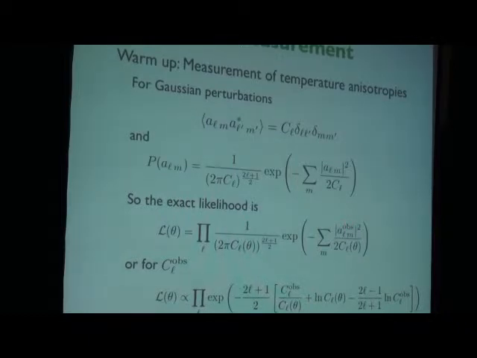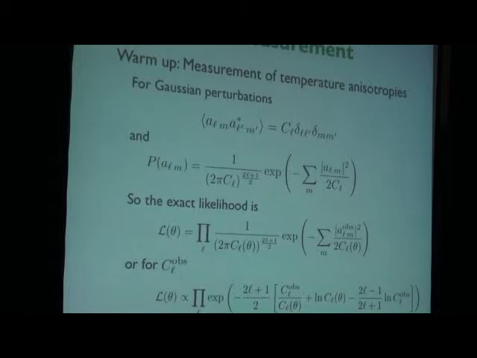Alternatively, you can change variables. Here I'm thinking of it really as a probability for the ALMs. Alternatively, you can change variables and rewrite it as a probability. You see the only thing that enters here is something like the observed CLs. So you can do a change of variables and rewrite it as a probability distribution for the CLs.